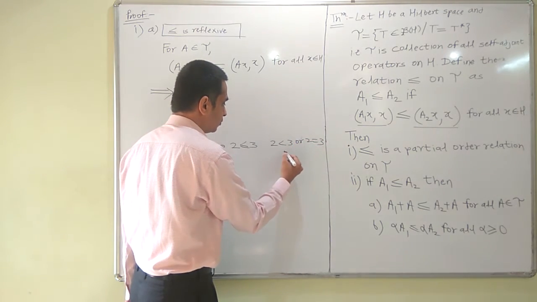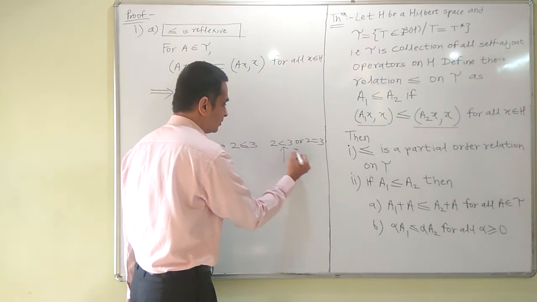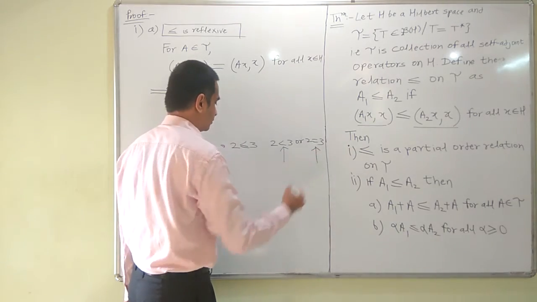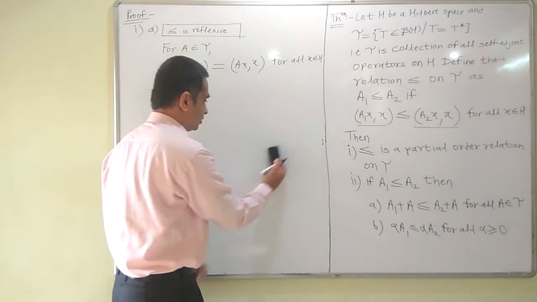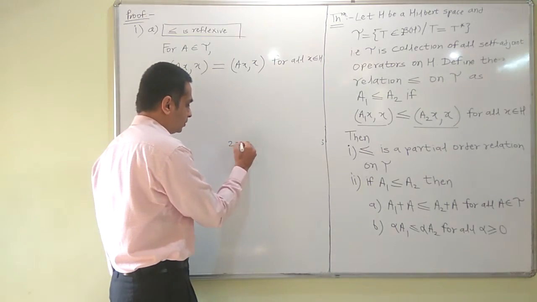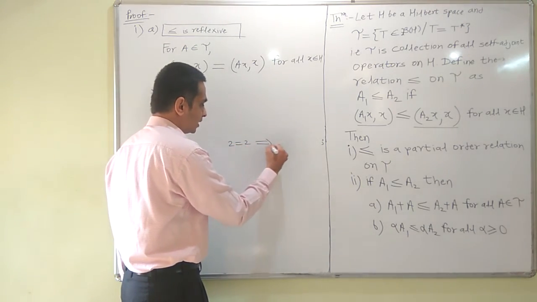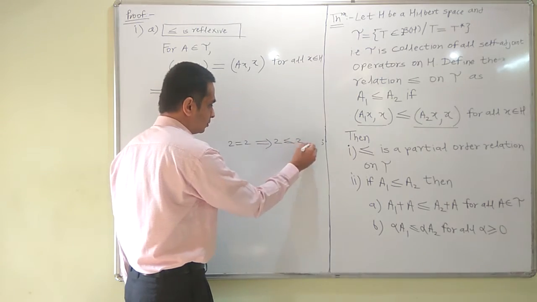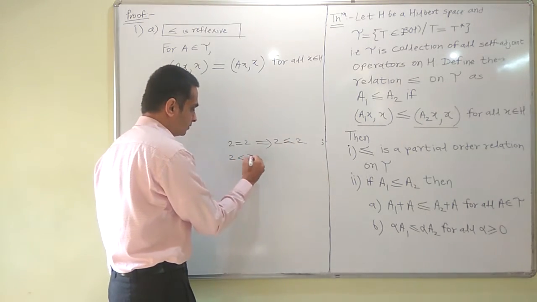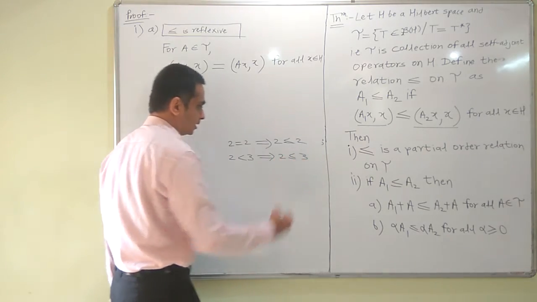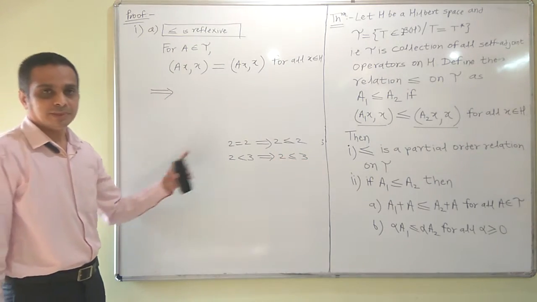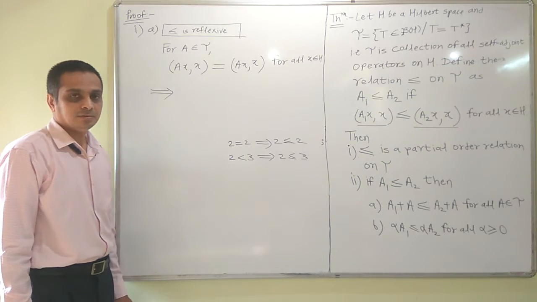So it is inclusive: one of the conditions may be true or both may be true. To give you an example, if 2 is equal to 2, then I could write it as 2 is less equal to 2, and conversely if 2 is less than 3, still I can write it as 2 is less equal to 3. So both are true. This follows from the addition rule of inference.